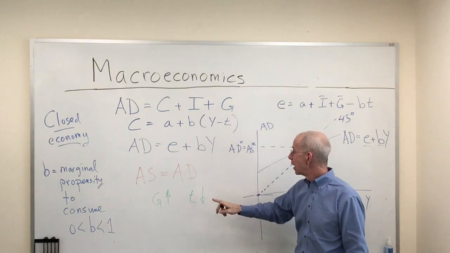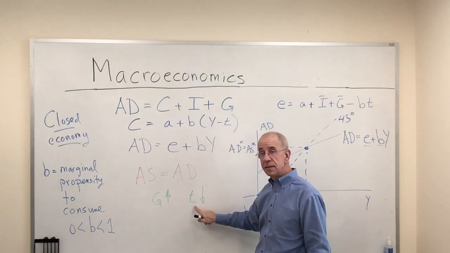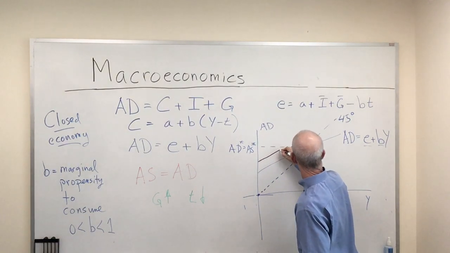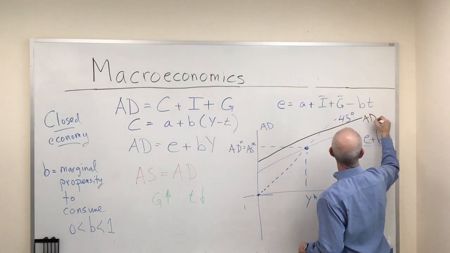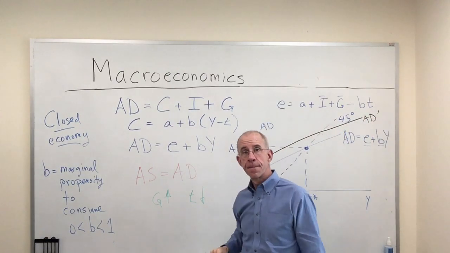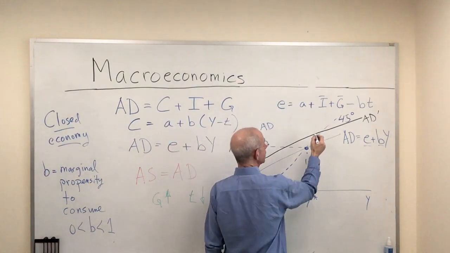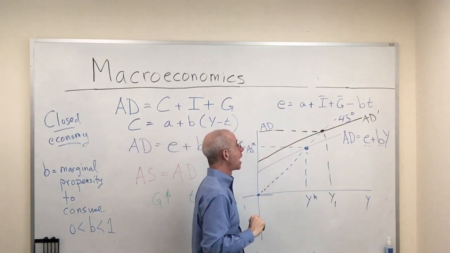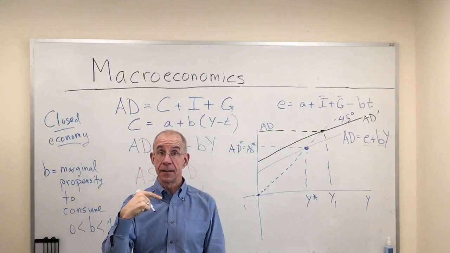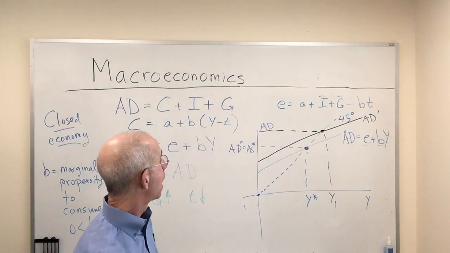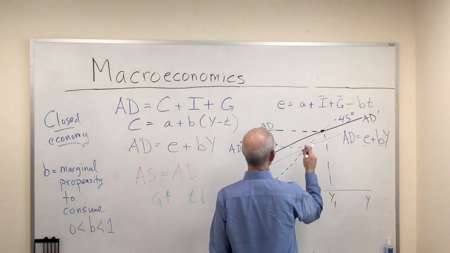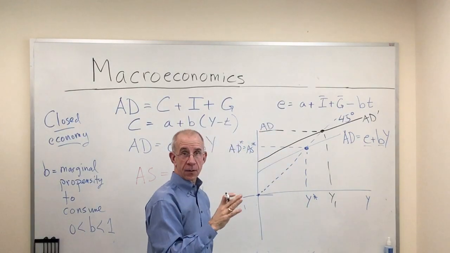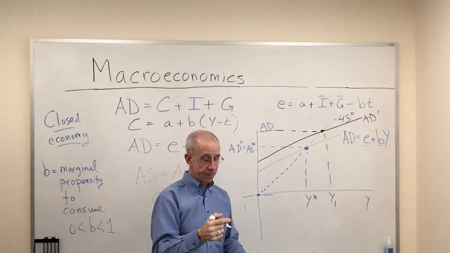An increase in government spending or a decrease in taxes will shift this curve up. Just a simple shift. And what we will see is that we can increase aggregate demand and aggregate supply by this amount if we increase the aggregate demand through these fiscal policies.